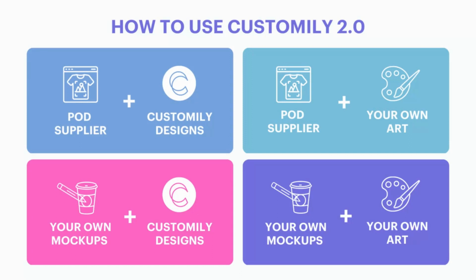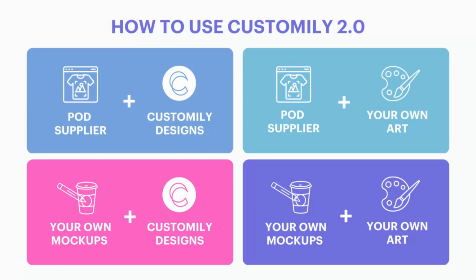After you have your own mockups, you can choose to add a design from Customily's library to them and create and publish products really fast. Or you can, of course, add your own designs to your own products.